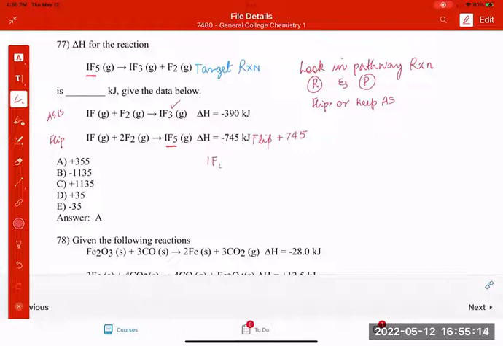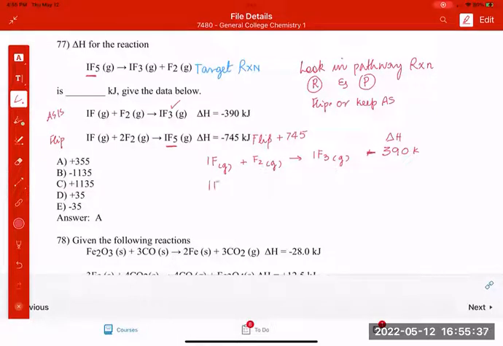IF is a gas. The states are very important. Plus F2 as a gas, and this gives you IF3 as a gas, and the value of delta H is negative 390 kJ. Okay. Next is we flip that other one.